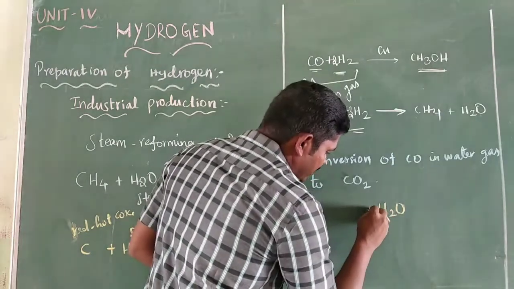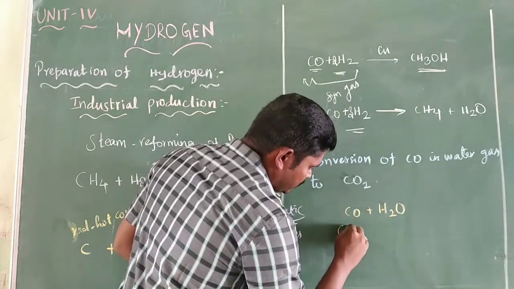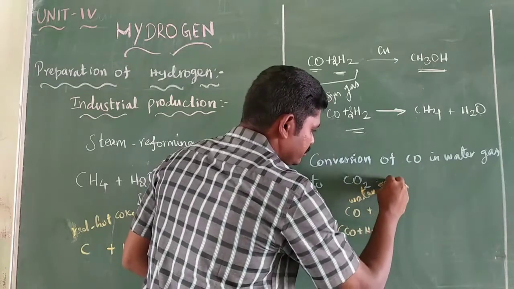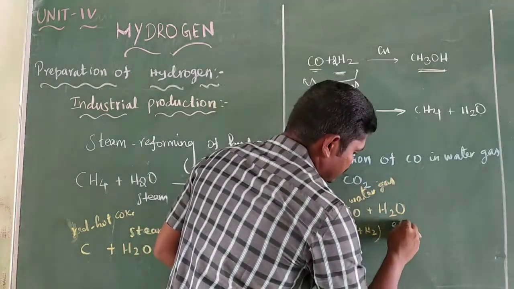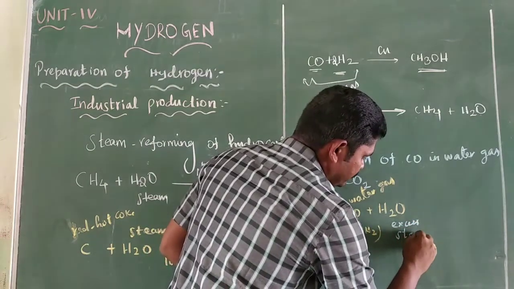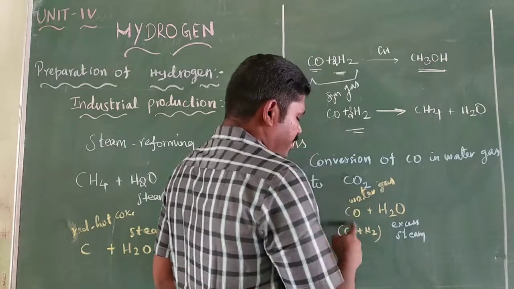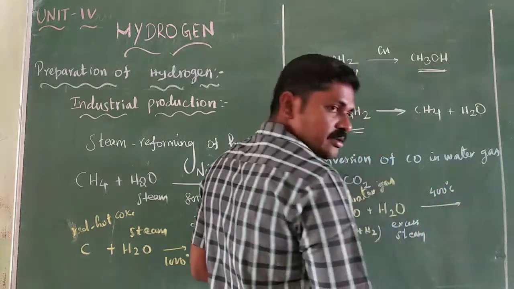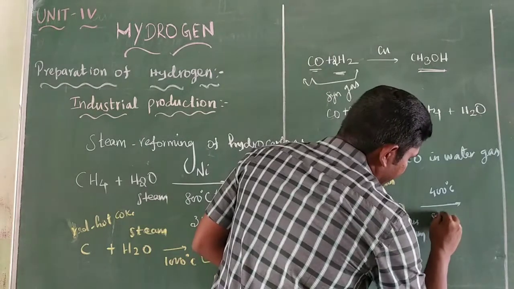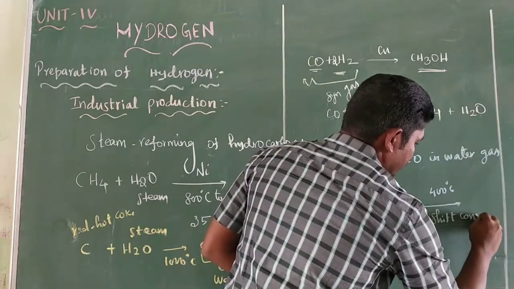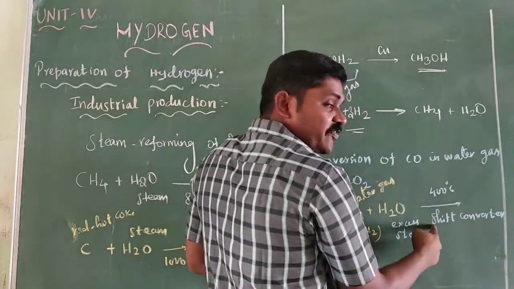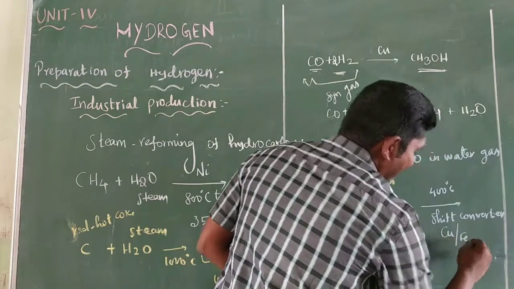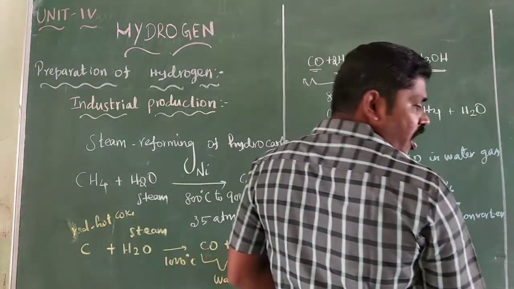The excess of steam is mixed with water gas, the mixture of carbon monoxide and hydrogen, at 400 degrees Celsius and passed over a shift converter containing a copper or iron catalyst.